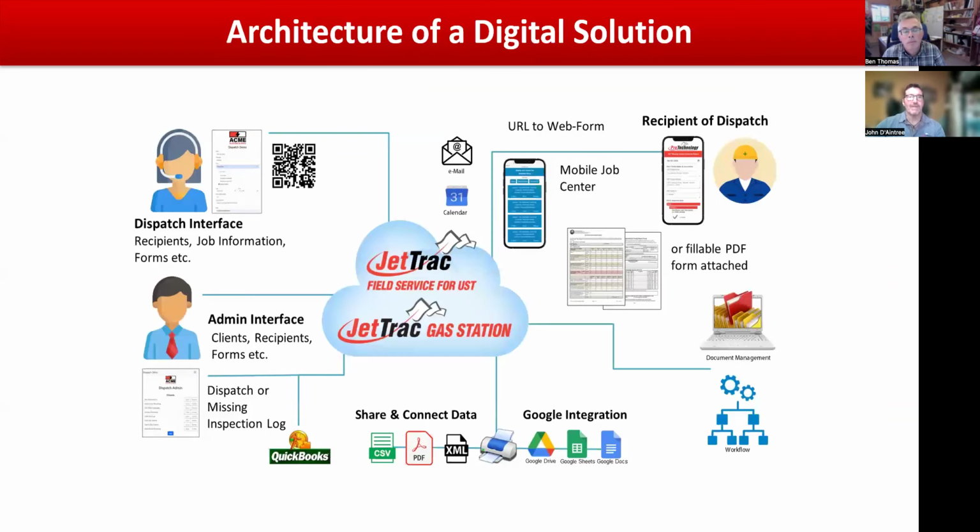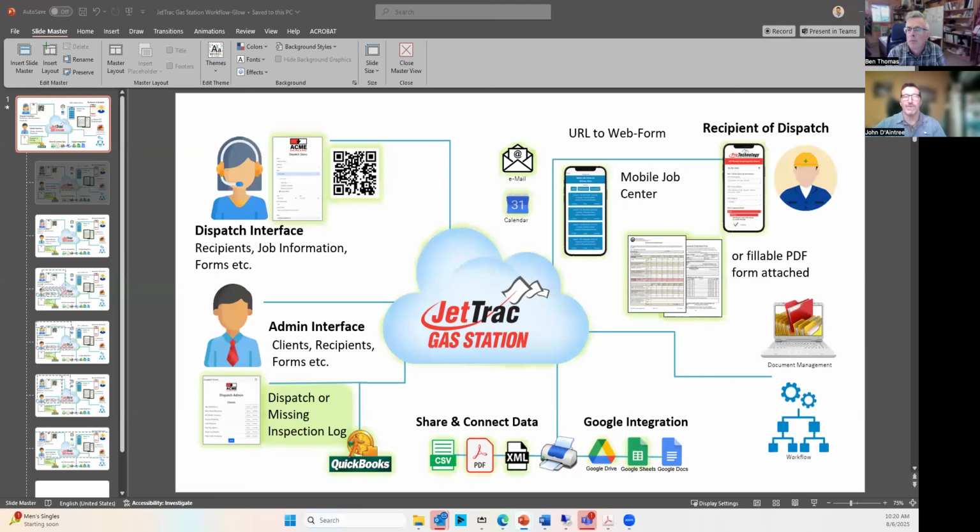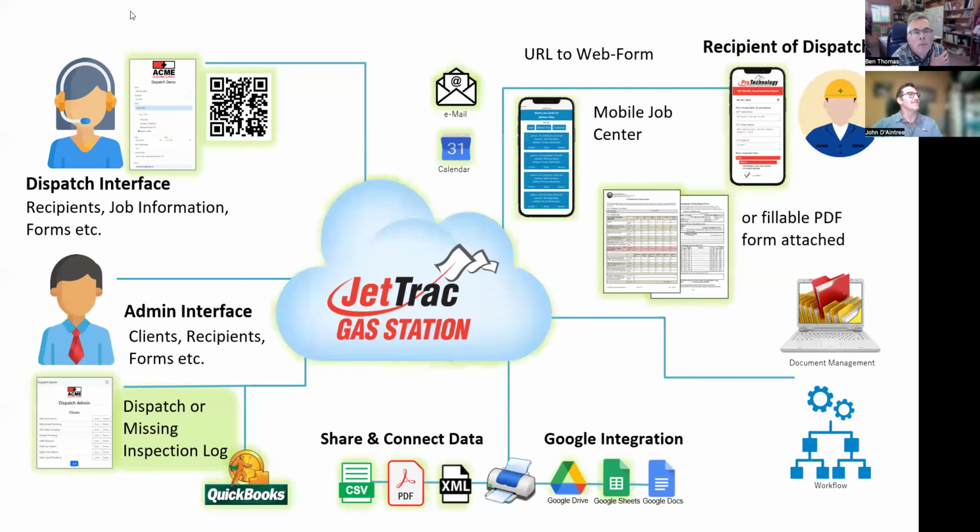All right. Okay, so I'm going to jump out of this and go quickly to here and give you an overview of the architecture of the solution and how it works. The JetTrac Gas Station is a server in the cloud, and we will populate it with all the information about your gas station or gas stations.